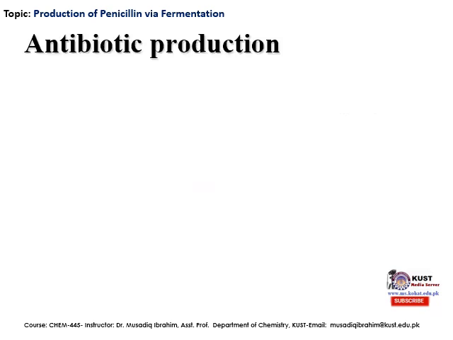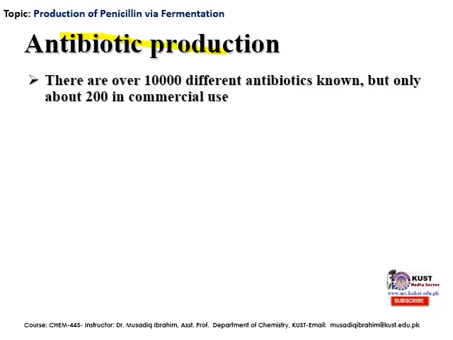Right, so moving towards antibiotic production. There are over 10,000 different antibiotics which are known in the scientific community, but only 200 are in commercial use. So it means that the researchers are working and analyzing the drug efficacy of different types of compounds, and they have discovered around 10,000 antibiotics.